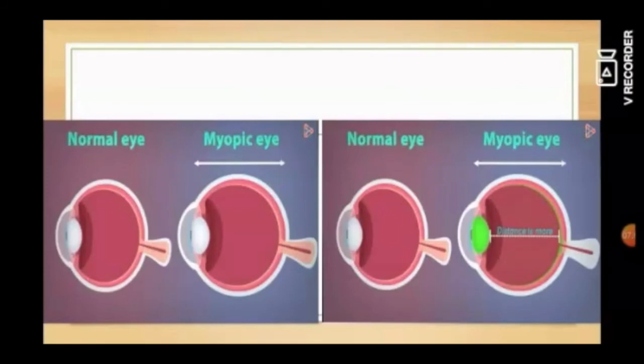Due to the elongated eyeball, the distance between the lens and the retina increases. And because of the larger distance between both, the image is formed in front rather than on the retina. However, students, we should note that the lens always functions in its usual way. It is only the image that is formed at a different position.